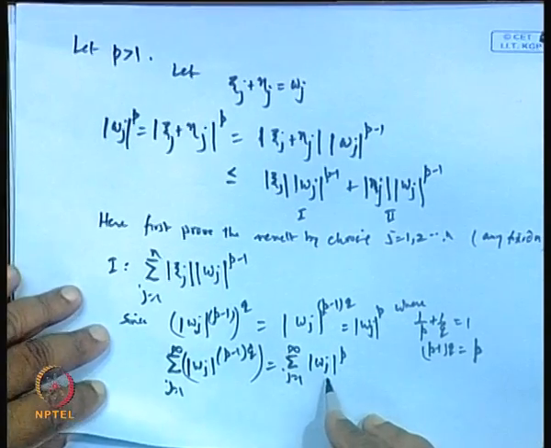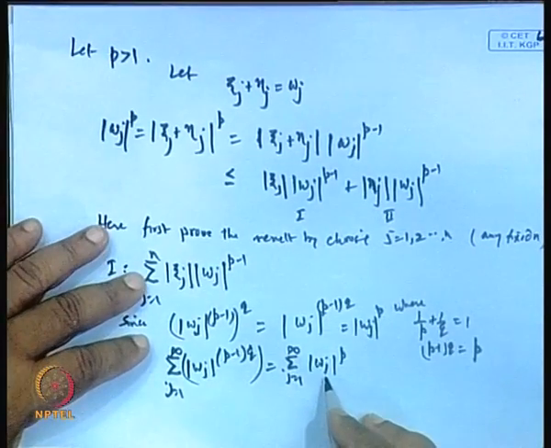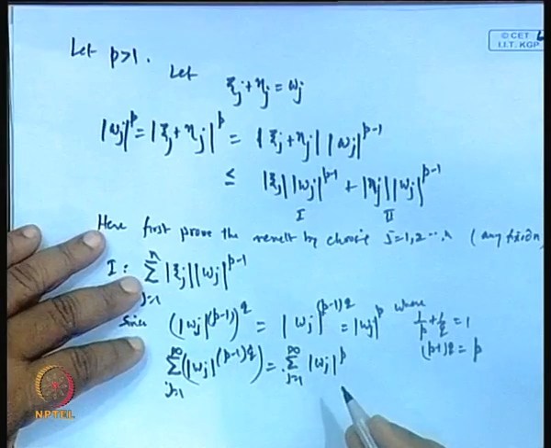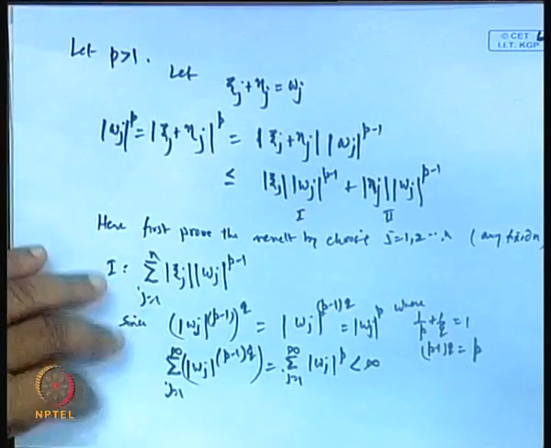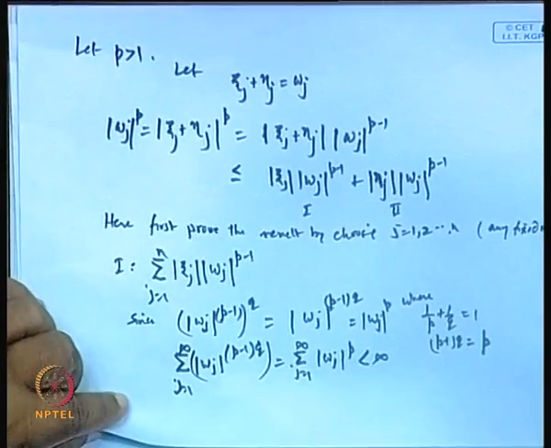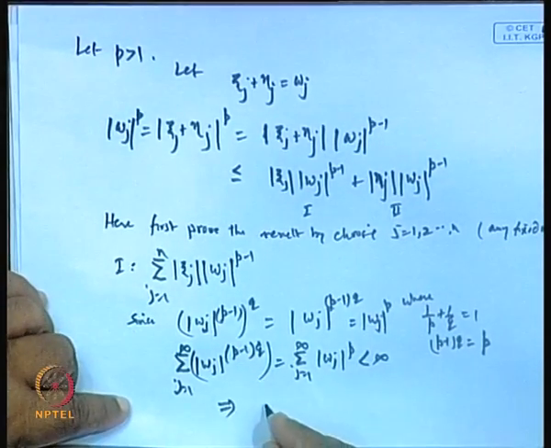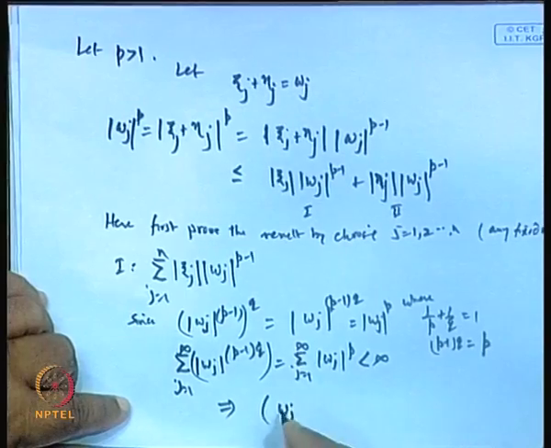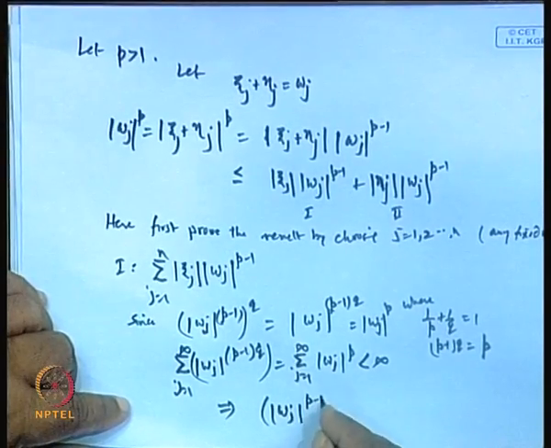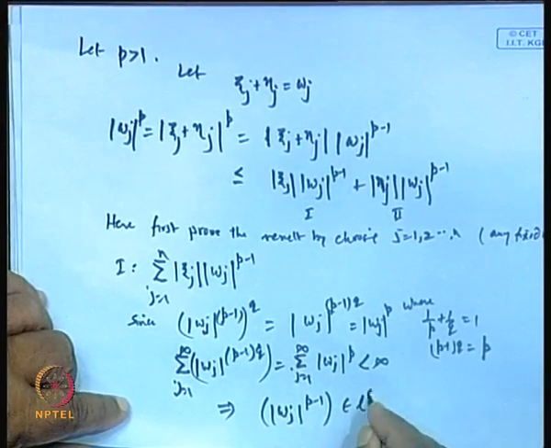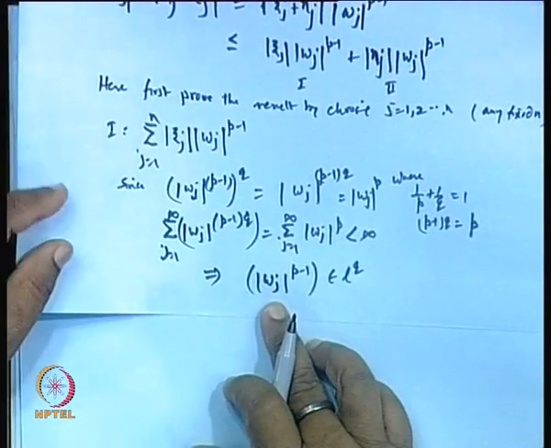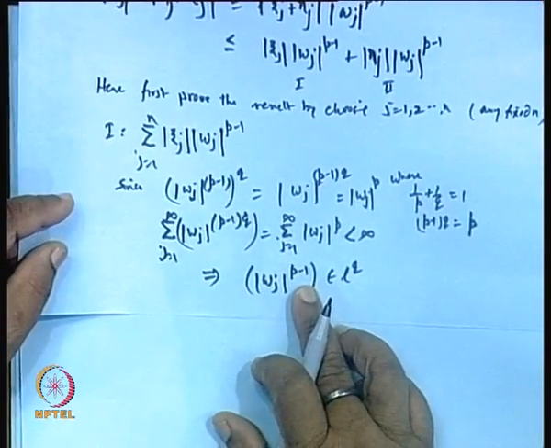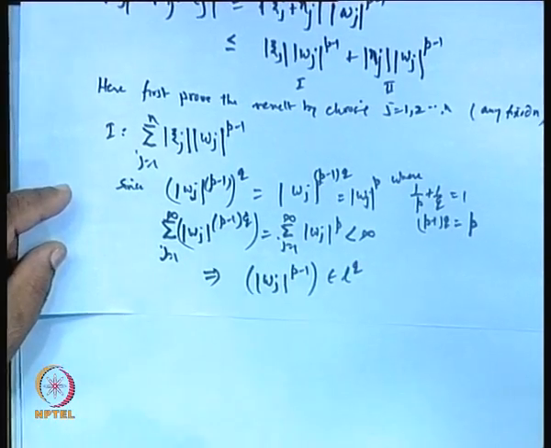But w j is xi j plus eta j, which is in LP, because LP is a linear space. So, this will be in LP, so the sum will be finite. Therefore, this sum is finite. So, this implies that the sequence mod w j power p minus 1 is in LQ.